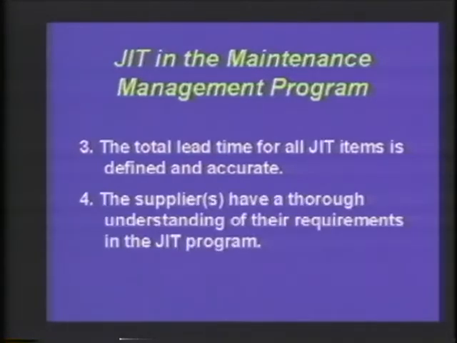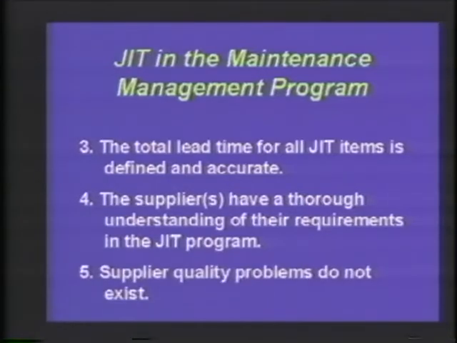4, the suppliers have a thorough understanding of their requirements to support JIT. 5, supplier quality problems do not exist. That's why you have to establish a vendor analysis or appraisal program. It takes 1 year to implement that. We'll talk about that when we get into the next section, Section 5 in purchasing.